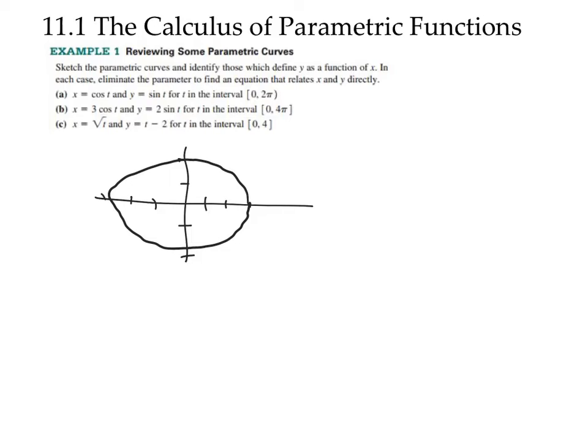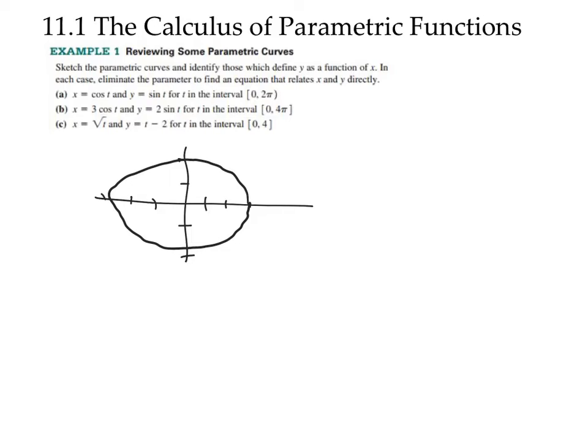Second one's very similar, except now x is 3 cos t and y is 2 sin t. So that means x can get as large as positive 3 or negative 3, and y can get as large as positive 2 or negative 2. I won't go through a lot of detail, but this is going to stretch in the x direction, and this is an ellipse.